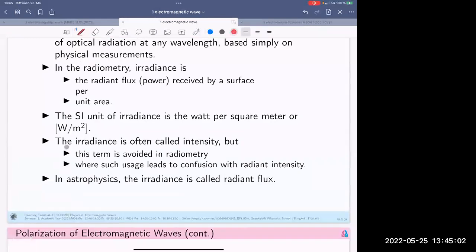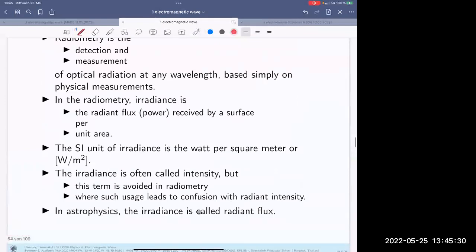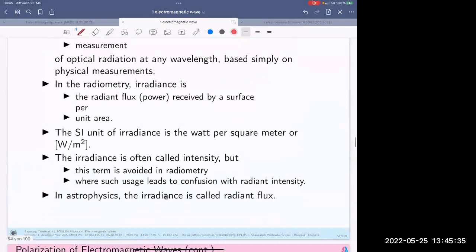Irradiance is often called intensity, but this term is avoided in radiometry, where such usage leads to confusion with radiant intensity. In astrophysics, people call irradiance radiant flux, but for us, we will call irradiance somehow as intensity.